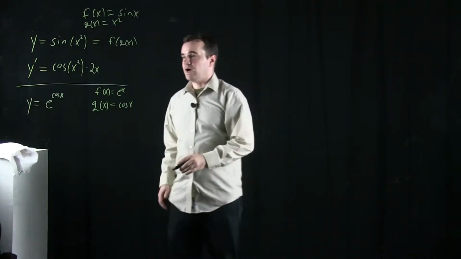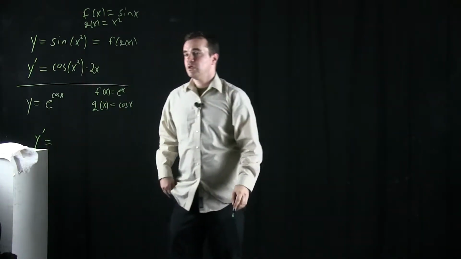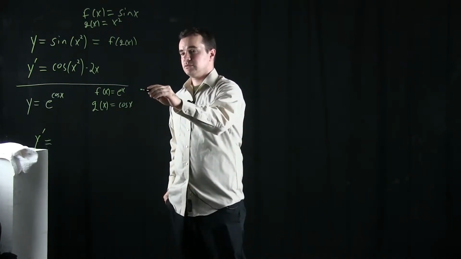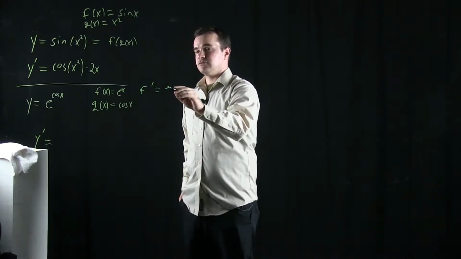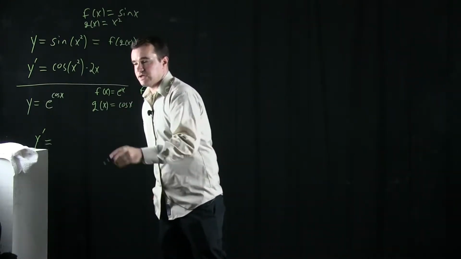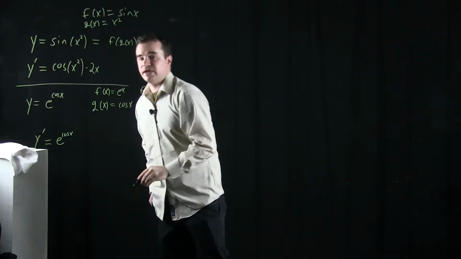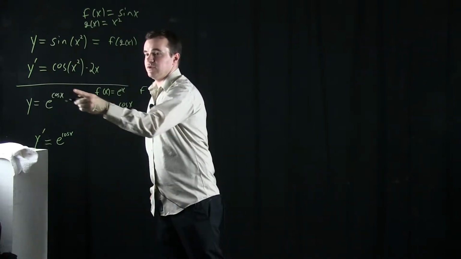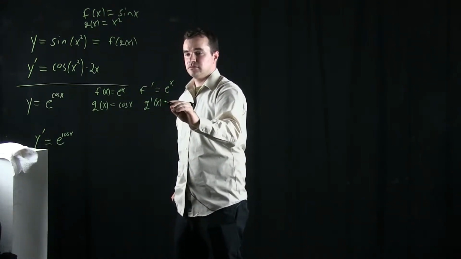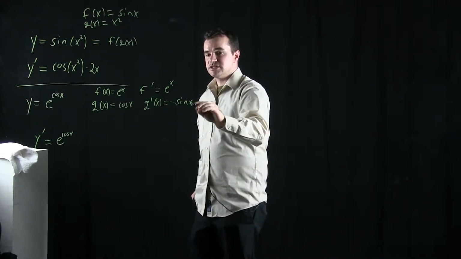And if I want to find y prime, then I need to take the derivative of my outside function. The derivative of e to the x is e to the x. And I want to plug into that cosine of x. So I get the derivative, plug in cosine of x. And I have to multiply now by the derivative of g of x, by the derivative of my inside function. And the derivative of cosine of x, that's negative sine of x.